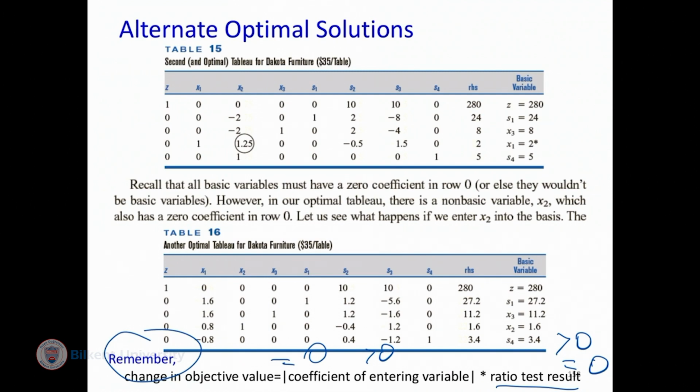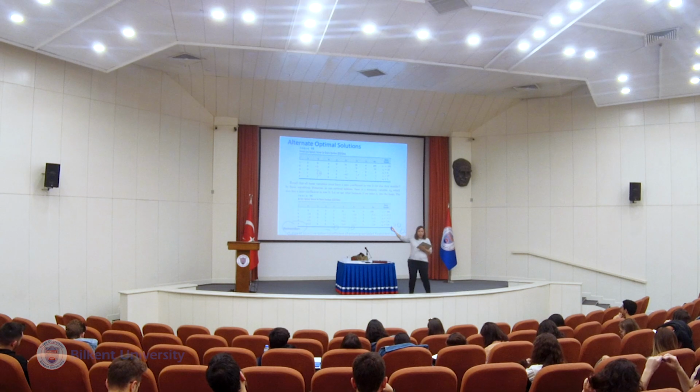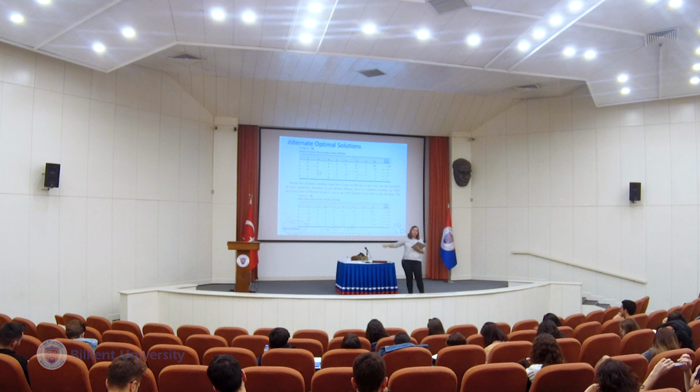Moreover, there is even a bigger problem, because if I always improve my objective, I always go to something better, there is no possible way of ever getting back to the same corner point. I always move to somewhere better, somewhere even better. I can never get back to the same point as long as my objective function improves.